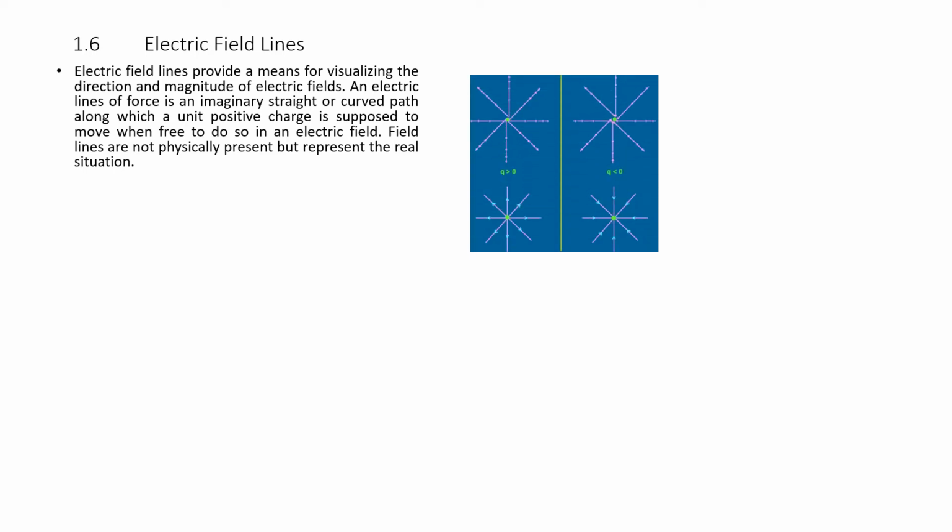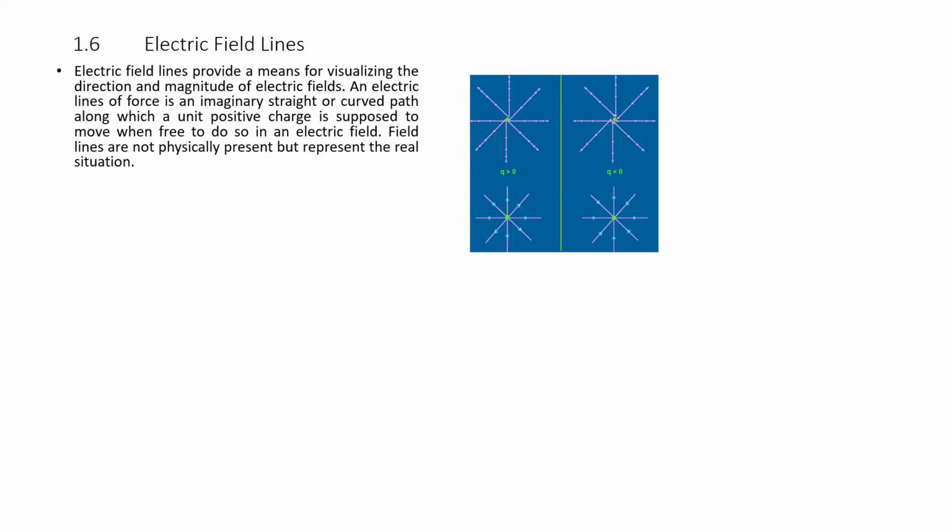Please see the figure on the right hand side. There are four diagrams. The upper diagrams show the vector representation of electric field lines, which shows a number of arrows. On the left side, Q is greater than 0, that means the charge is positive. On the right hand side, two figures are for negative charge, that is Q is less than 0.